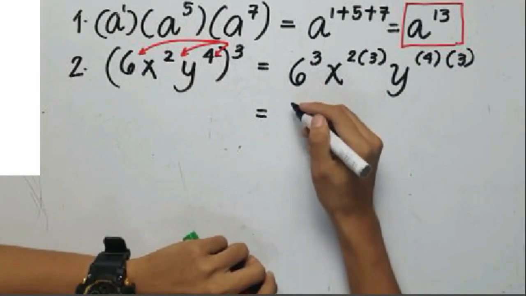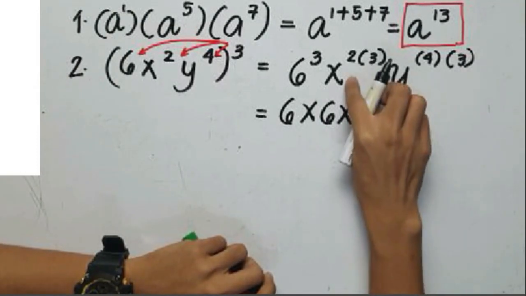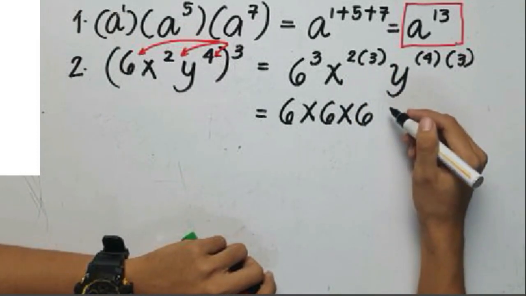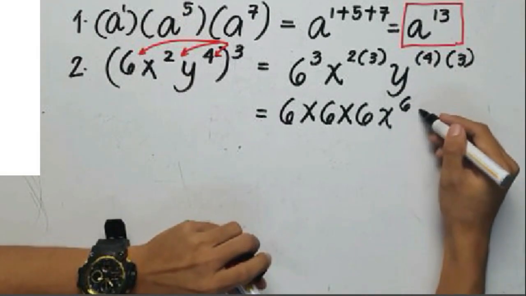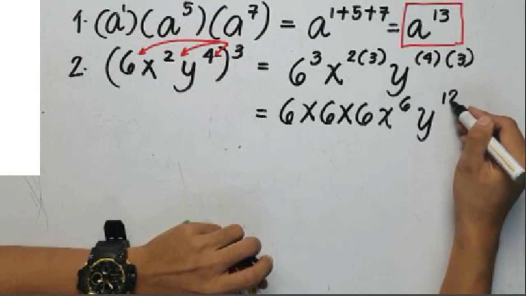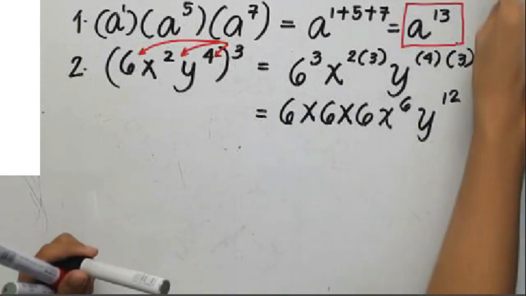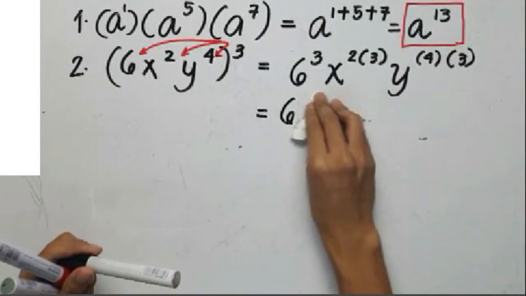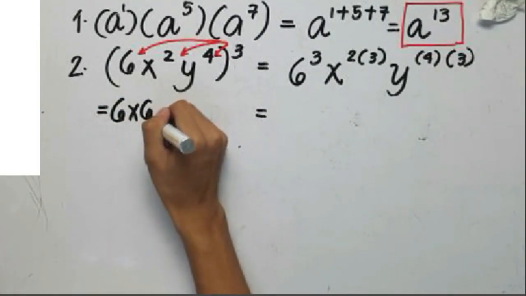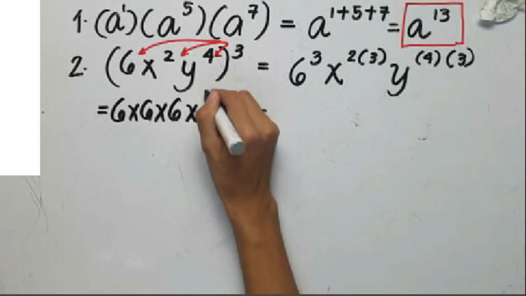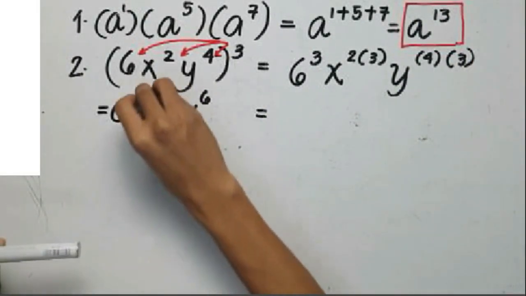Itong 6 raised to 3 is just 6 times 6 times 6. And then itong x raised to 2 times 3 is just equal to x raised to 6. And then y raised to 12. Okay? So, isulat ko dito para kabila na lang. So, equal to 6 times 6 times 6 tapos x raised to 6. Hindi ko pala gagamitin ng x, para hindi tayo malito.